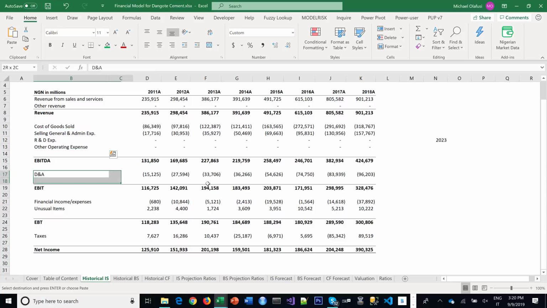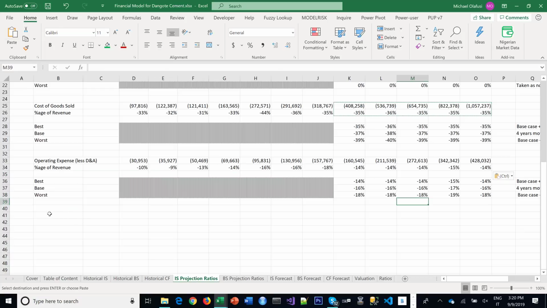So the D and A, the depreciation, depletion and amortization. If you have the company's capex plan, and you have their asset register and their depreciation schedule, then this becomes what you will use instead of using this rule of thumb of ratio projections.